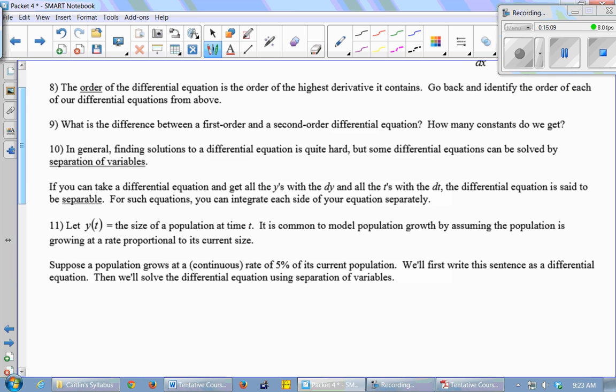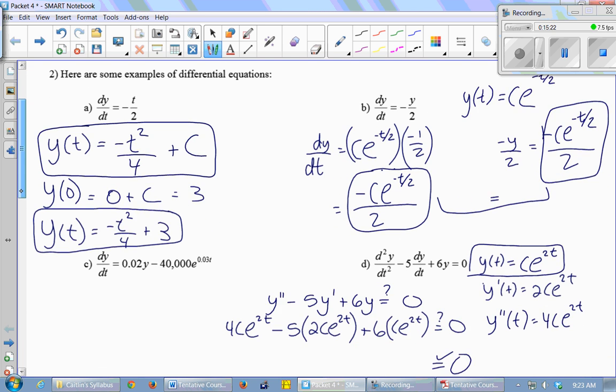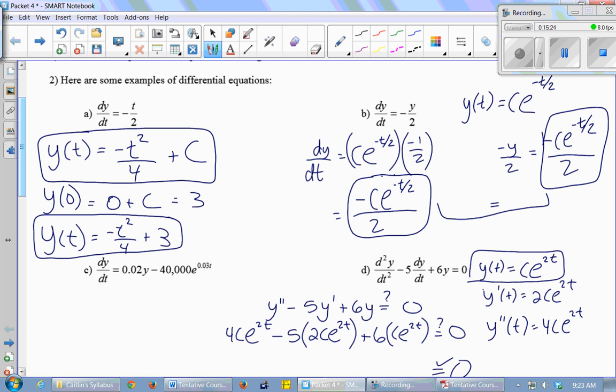So the order of a differential equation is the order of the highest derivative it contains, right? So I'm going to look at these A through D examples again. What's the highest derivative that shows up in A? First derivative. So in this one, the order is 1.